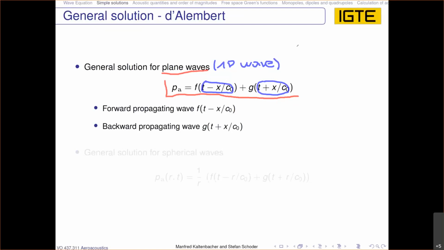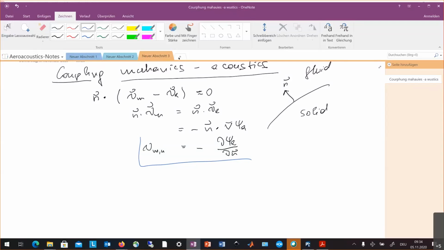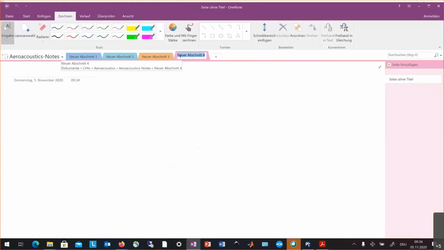And that this is fulfilled, we can look here, and I will also again go back here. So let's assume here the acoustic pressure is a function of t minus x over c0.